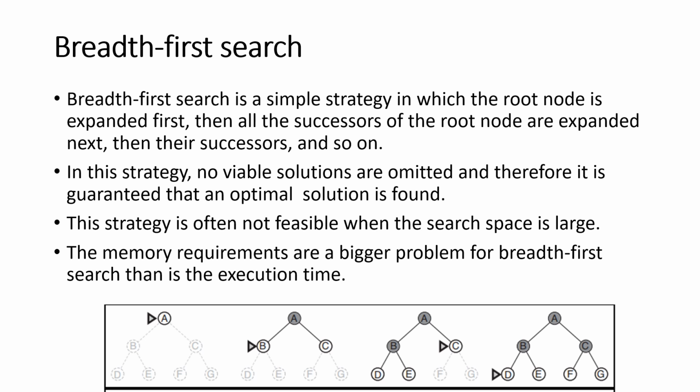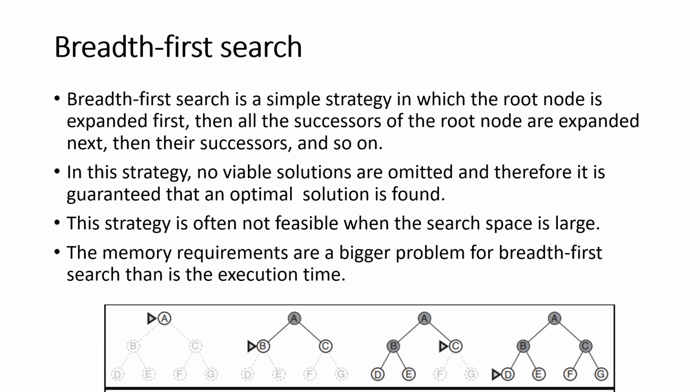BFS explores the search tree level by level, and it never skips any node at a level. So in this strategy, no viable solution is omitted, and therefore it is guaranteed that an optimal solution is found. That is why no viable solution is missed, and hence the optimal solution is guaranteed.